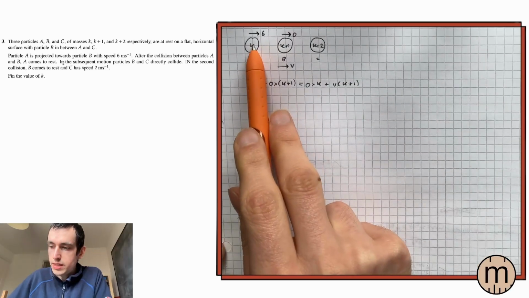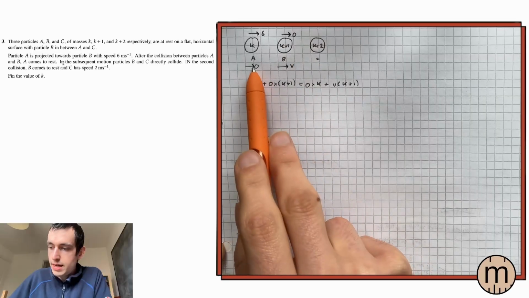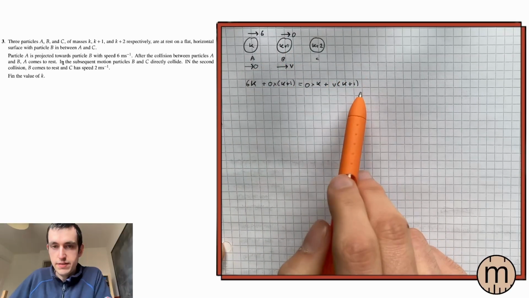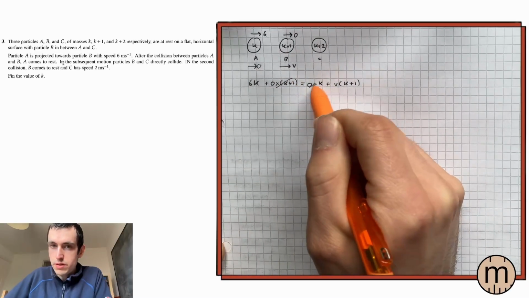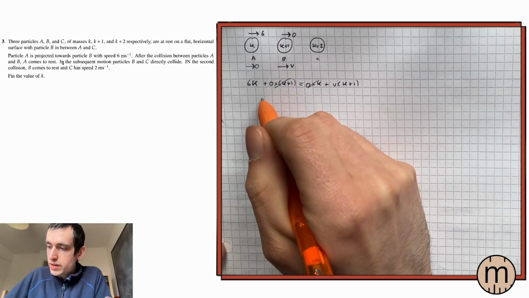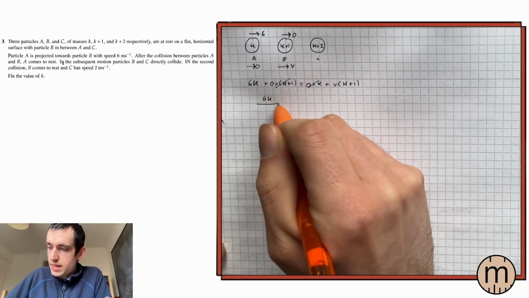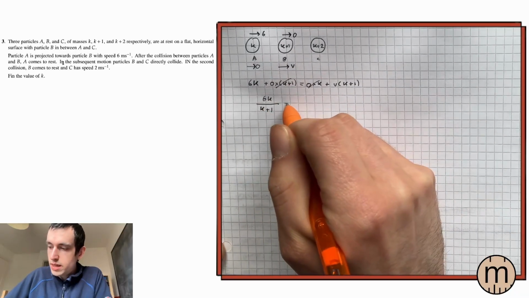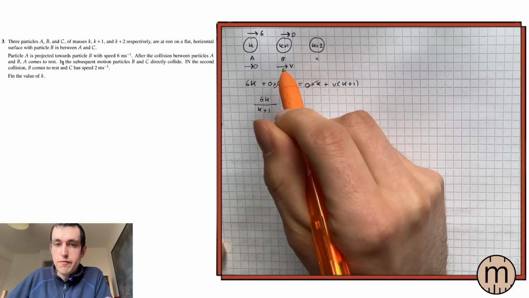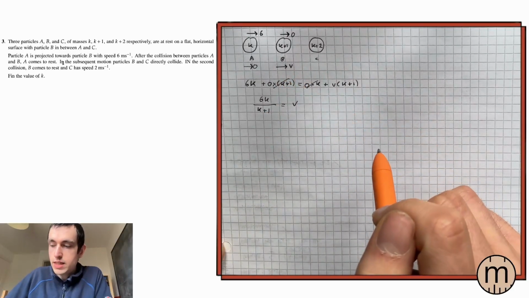So that's velocity times the mass before and velocity times the mass afterwards. These two are both 0, so this tells us that 6k divided by k plus 1 is equal to the speed of B after the first collision.